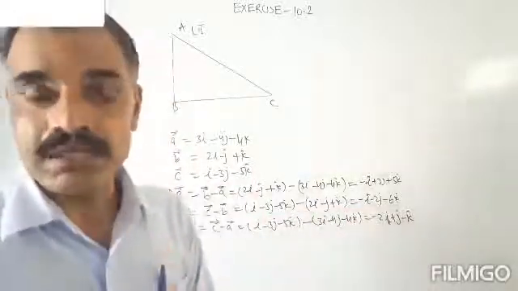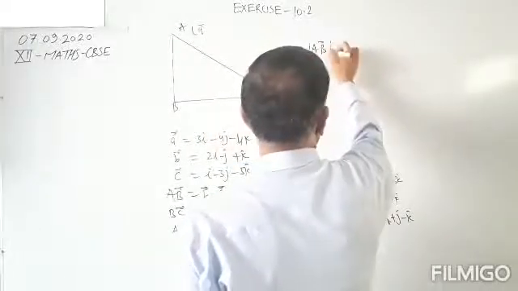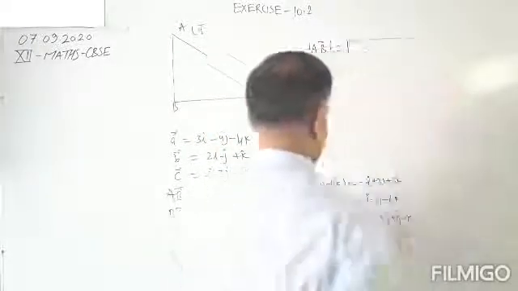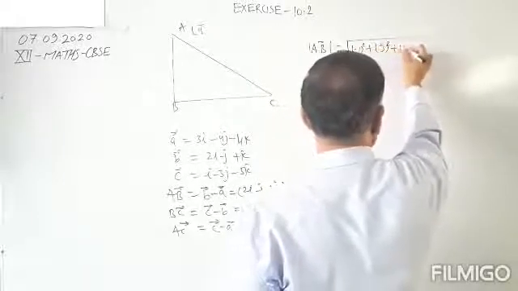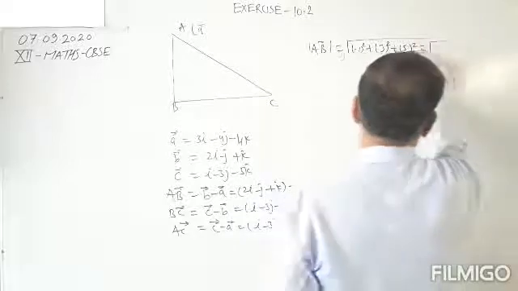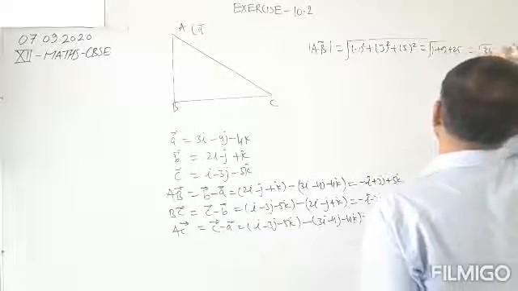Now we will find the magnitudes of these three sides. Magnitude of AB vector is equal to under root of minus 1 square plus 3 square plus 5 square, equals 1 plus 9 plus 25, that is under root 35.